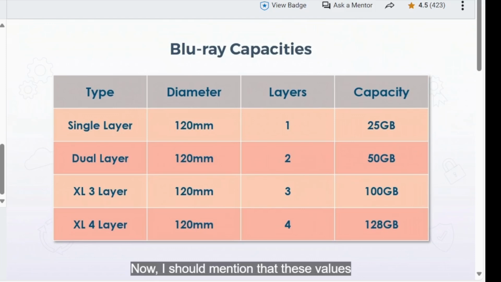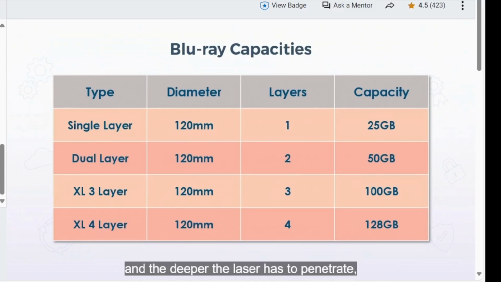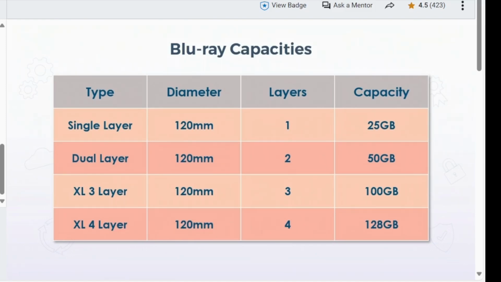Now I should mention that these values represent the total overall capacity, including some reserved space for file management and error correction, so the practical values would be a little bit lower, and the deeper the laser has to penetrate, the less reliable it becomes, so XL versions 3 and 4 aren't as commonly seen in standard applications.